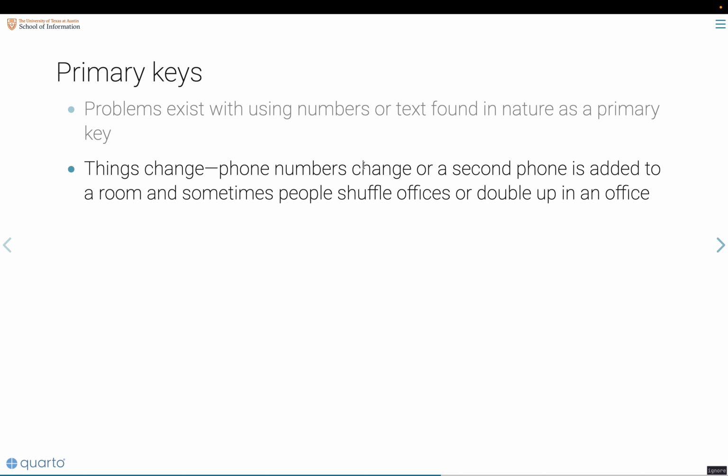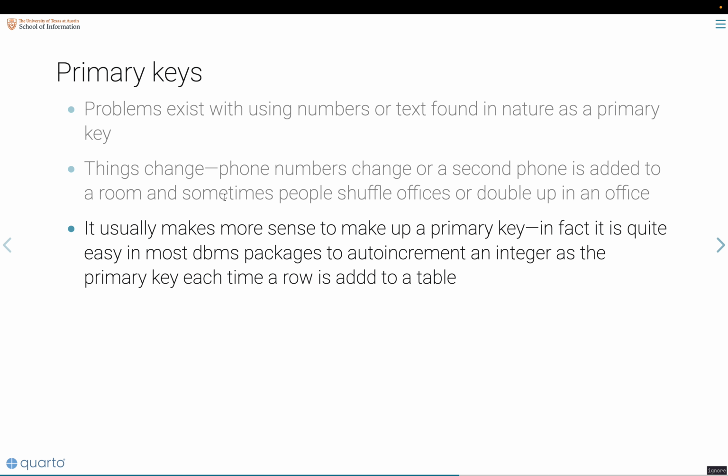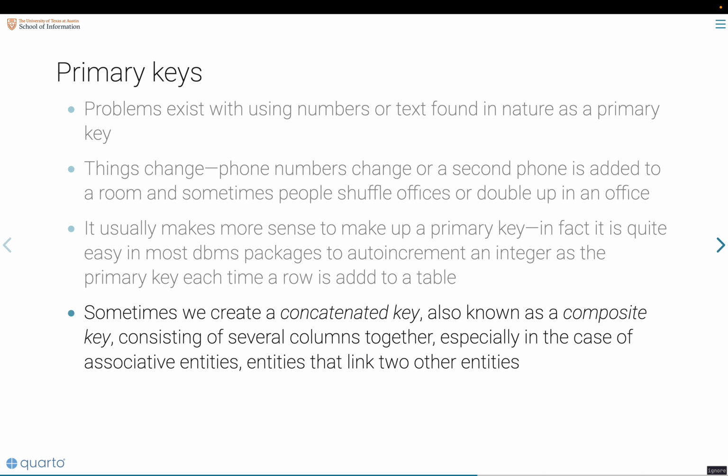For example, phone numbers can change, or a second phone is added to a room, or sometimes people shuffle offices or double up in an office. It usually makes more sense to make up a primary key. And in fact, it is quite easy in most DBMS packages to auto-increment an integer as the primary key each time a row is added to a table. And this is the case in SQLite as in most other databases.